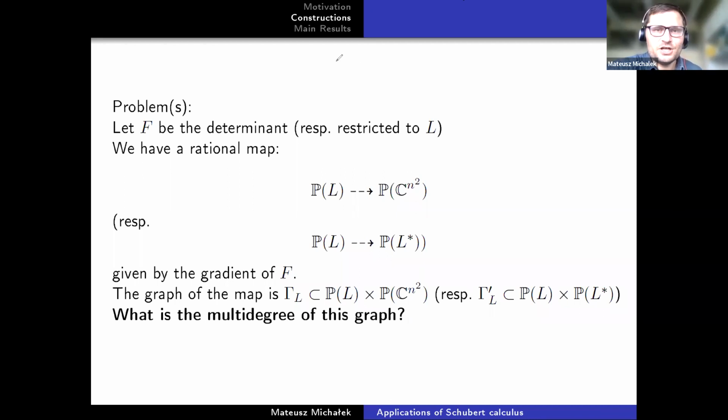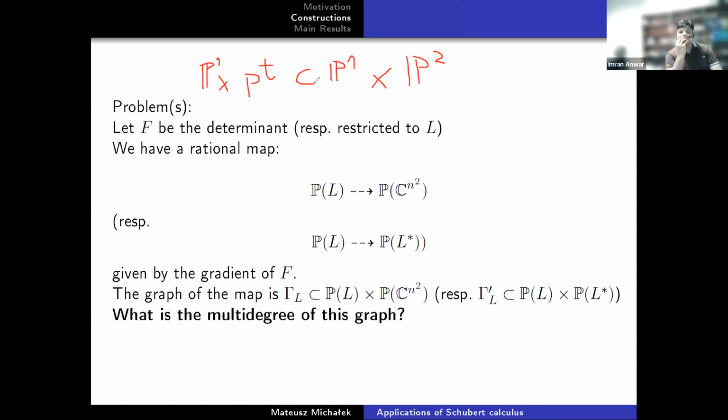Let me take P1 times P2, a product of two projective spaces. And I can take something very simple, namely I can take P1 times a point, which is here.